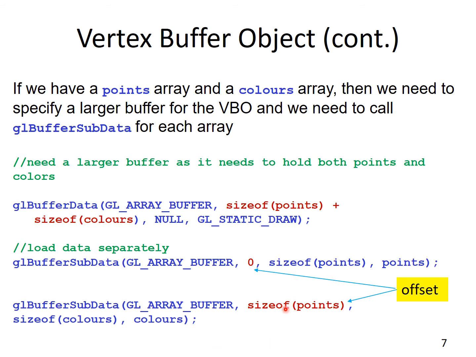But we have an offset in the case of the colors, because in the buffer first we have all the points and then we have all the colors. If you were wondering before what the offset is for, or what is the use of the offset, this is an example of the use of the offset parameter in the function.